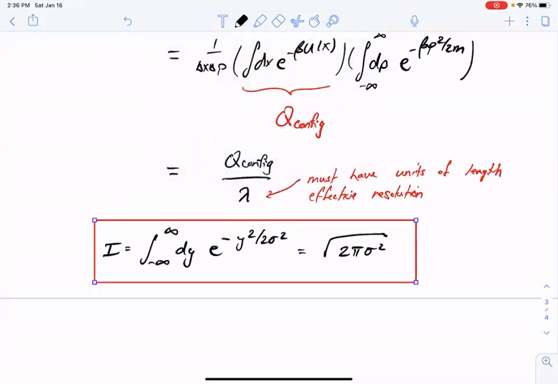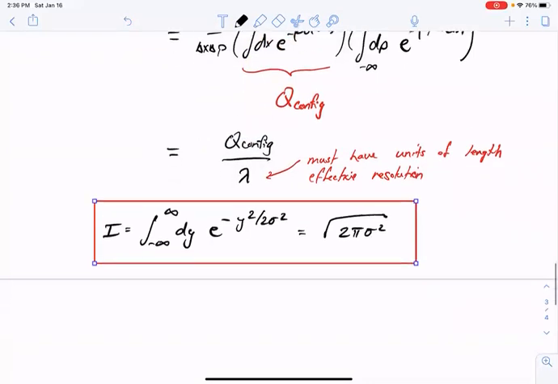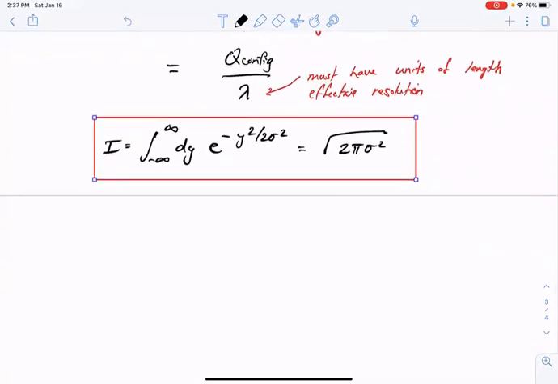Doing that integral for momentum, we would recognize that sigma squared is being played by m over beta, which would give us an expression for lambda.